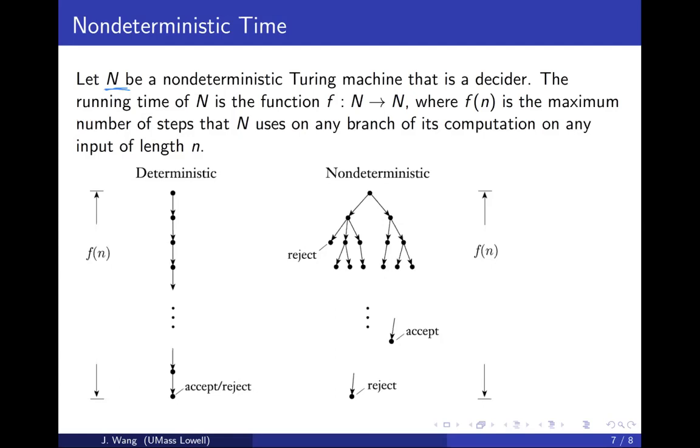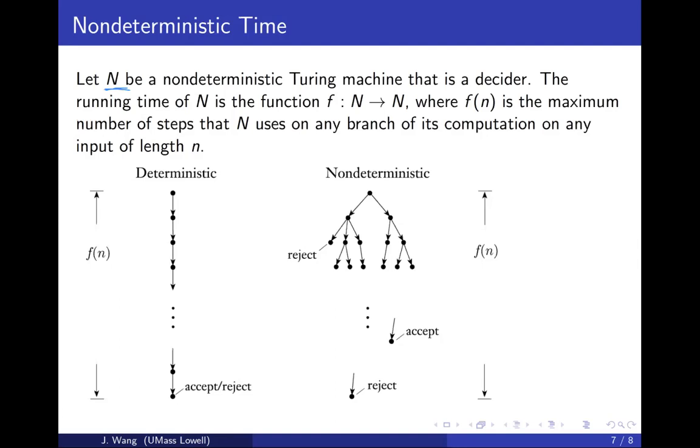Then we define the running time of this non-deterministic Turing machine N as a function f from N to N, from integer to integer, from the size to the number of steps, where f of n is the maximum number of steps that N uses on any branch of its computation on any input of length n. Okay, so it's a decider, so that means it will eventually halt.